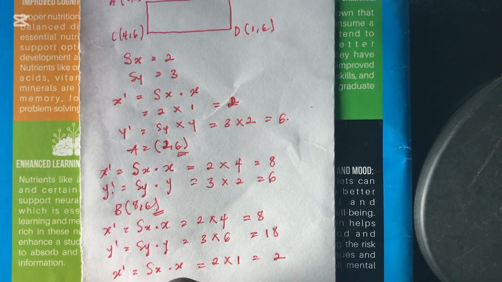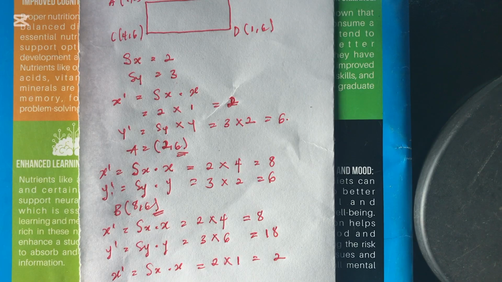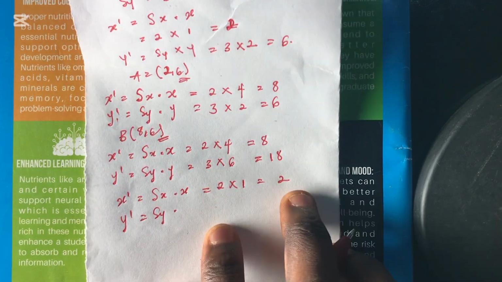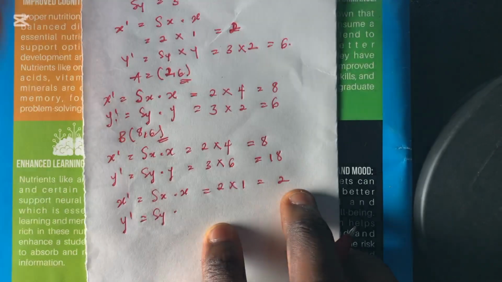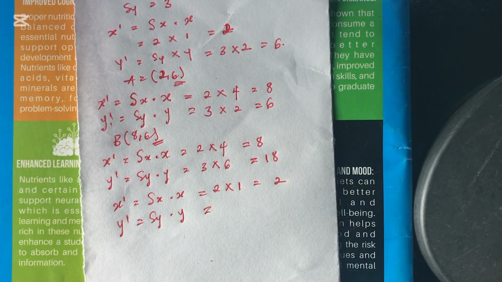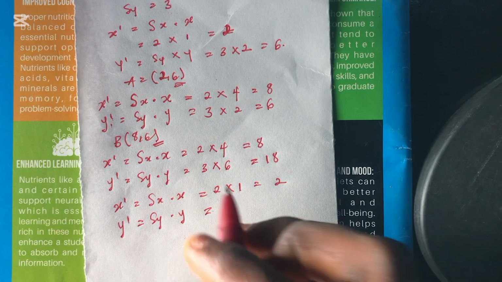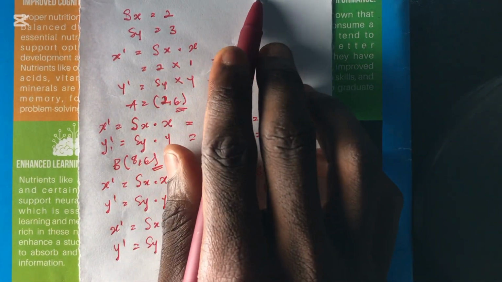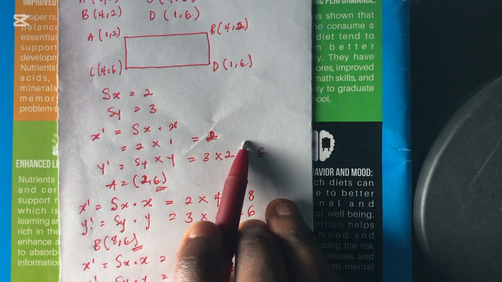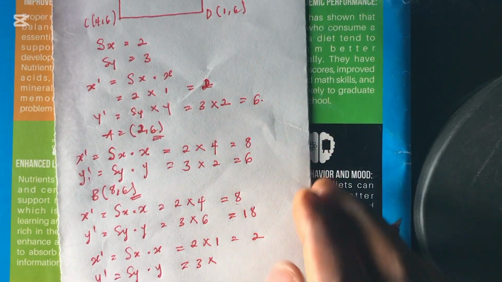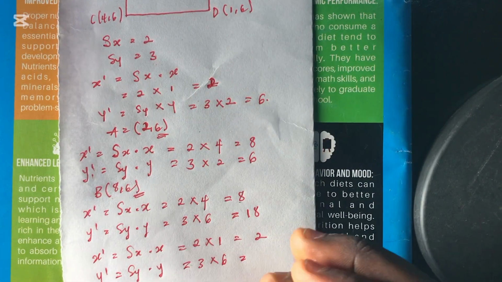And y prime is the scale factor of y, which is 3, multiplied by the y value for D, which is 6. So 6 times 3 is also 18.